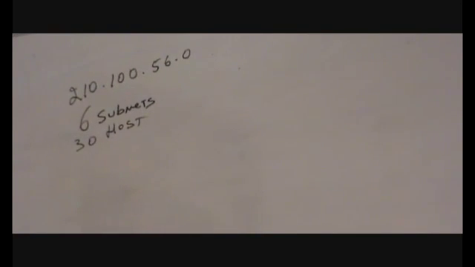All right. So, steps for subnetting. How do I turn this one IP address into 6 networks with 30 hosts each?